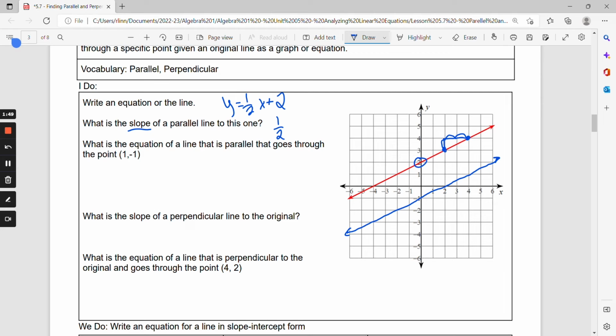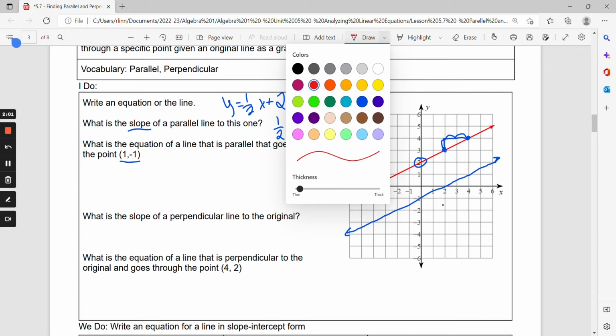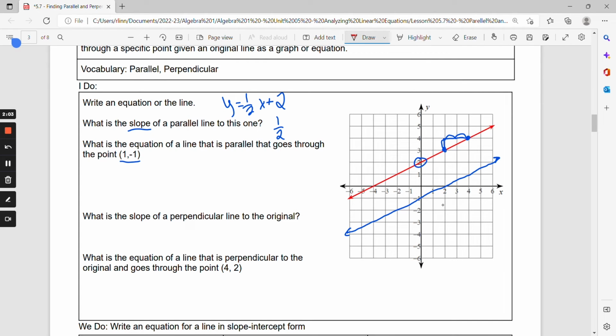Now I need to find the equation of a line that is parallel and goes through the point 1, -1. In order to find that line, I need to use my slope-intercept form and substitute in my point. My slope-intercept form is y equals 1/2 x plus 2. That was my original equation. Now I've got a different equation this time.